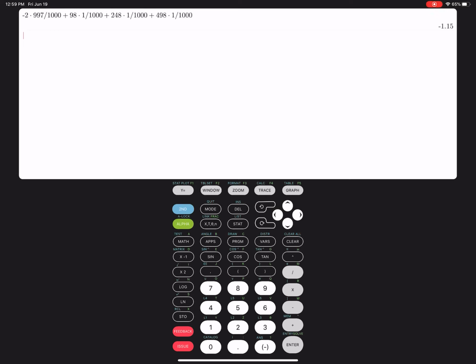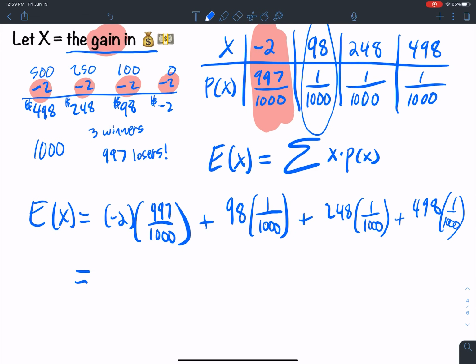Enter, and I get -1.15. Now this is rounding. I should be getting -1.148. Okay?